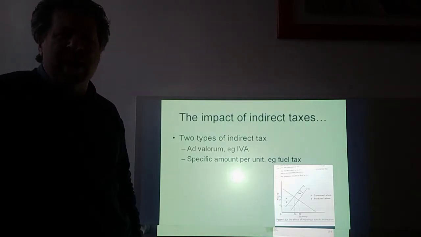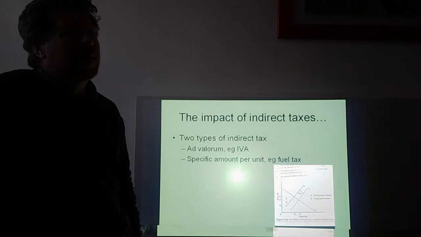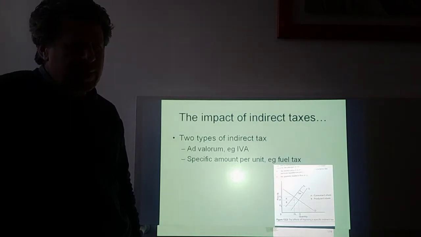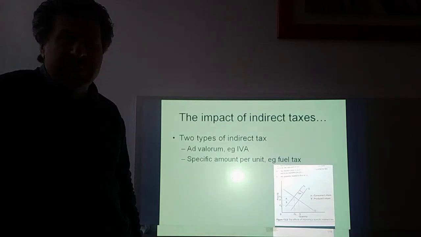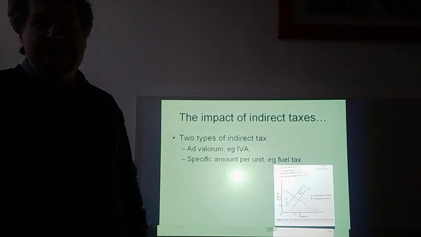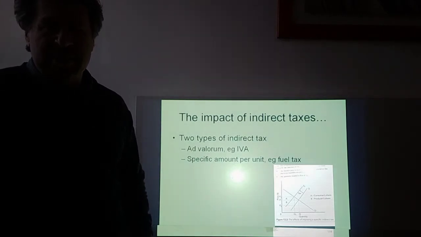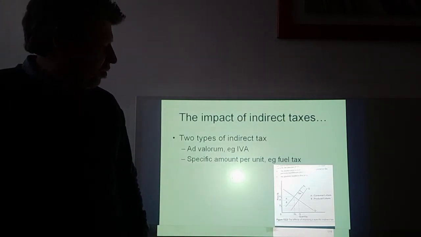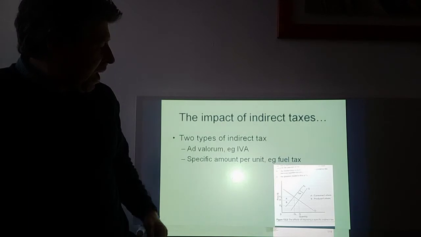We know IVA is put on, if you buy anything in the shops, you have to pay the IVA. Or it could be a specific amount per unit. For example, petrol per litre, we pay the tax on each litre. So it can be those two ways.